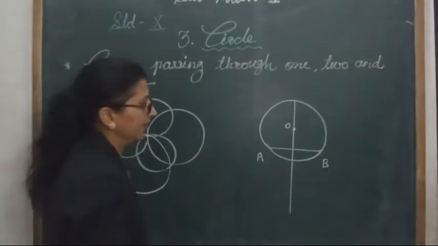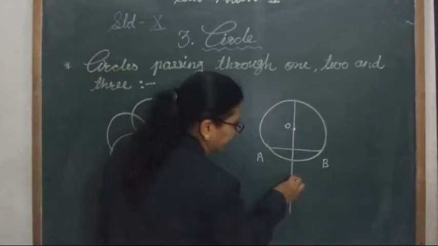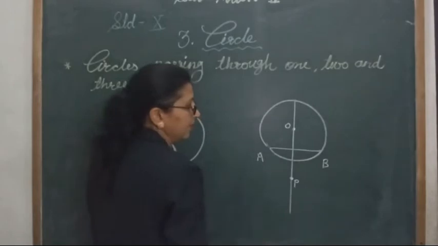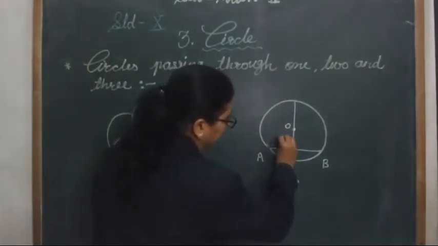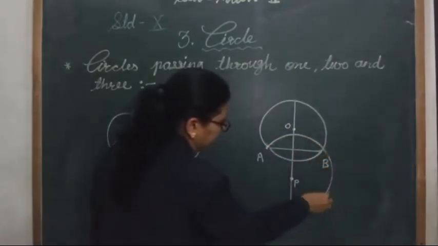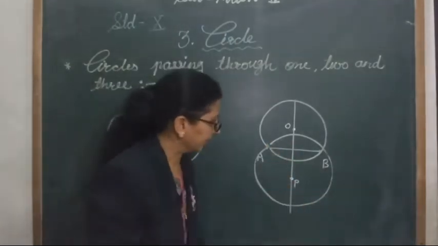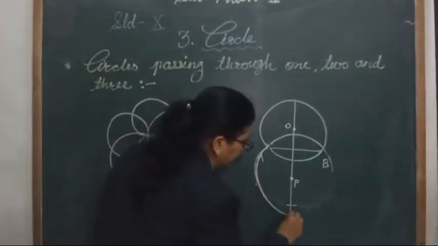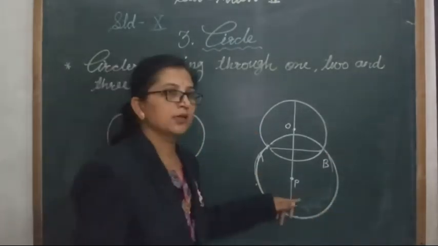In the same way you may take a point downside. Let's take this other point P. Then take AP or PB as a radius and draw the circle. In this way we got another circle.